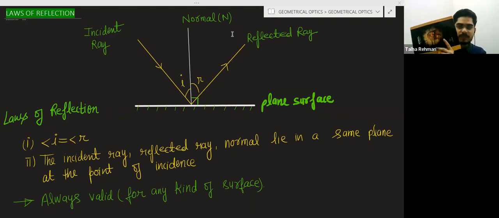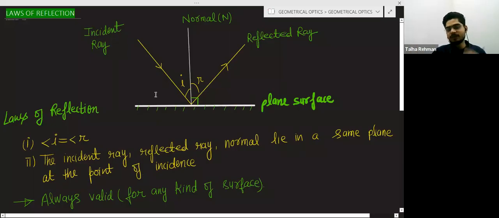You can just consider this as a plane. Here is the incident ray, here is the normal, here is the reflected ray. This reflection phenomenon is taking place in a plane.